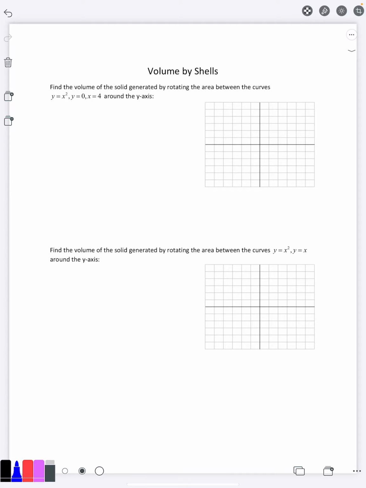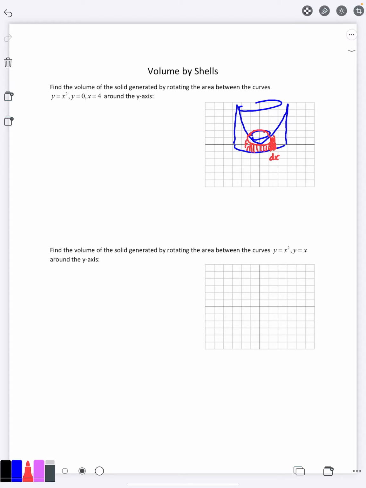So let me draw my shape here again. Looks something like this. I'm not trying to be too accurate on my picture here. So what we're going to do is we're going to keep breaking up things in terms of x here, and we're going to have a little dx part. But what we're going to do is we're going to take this and shift that little piece around.